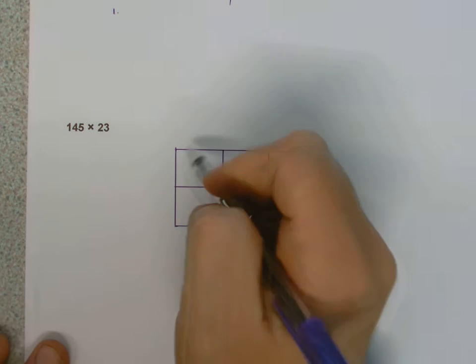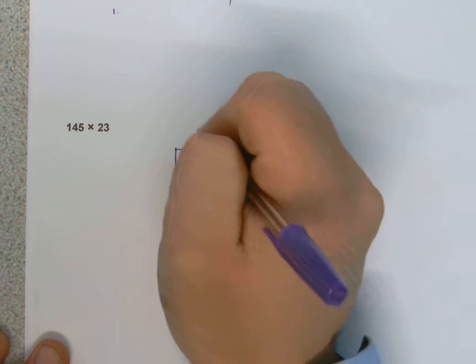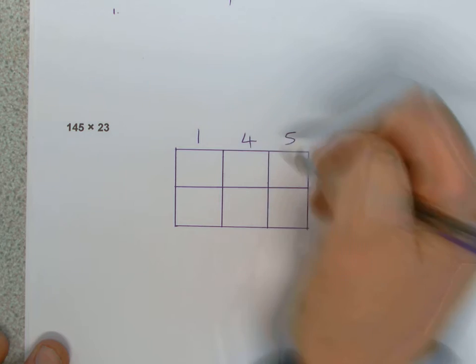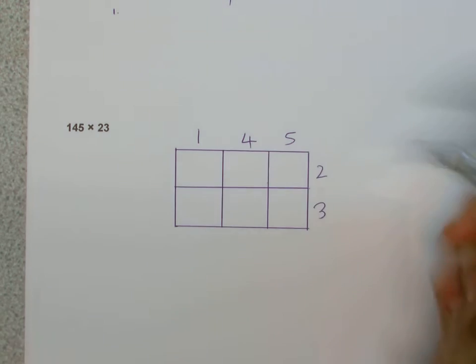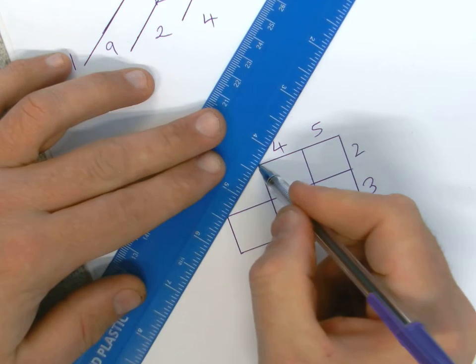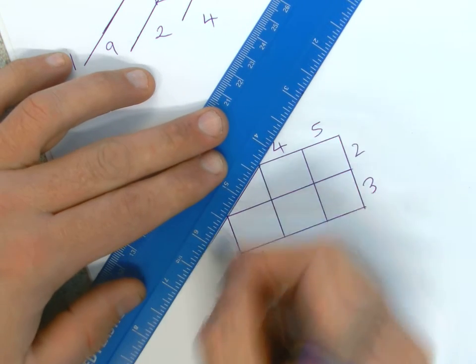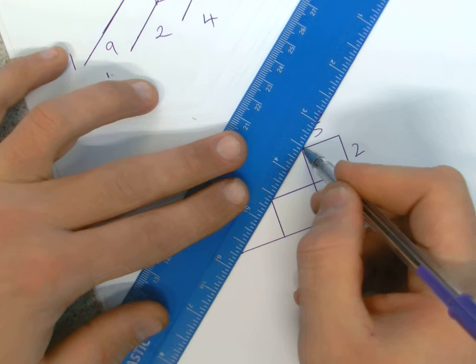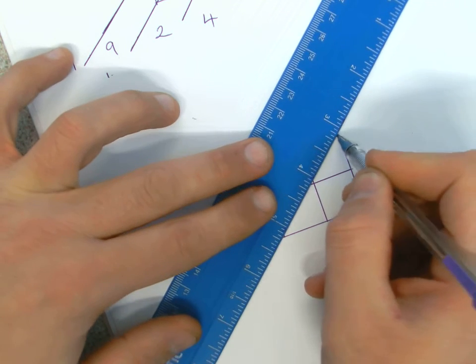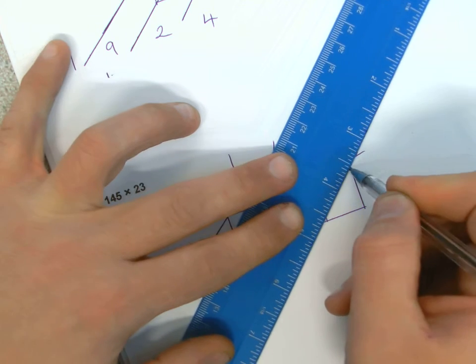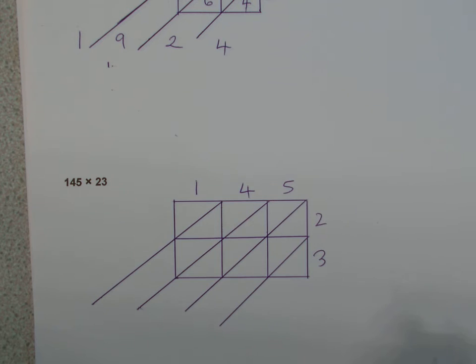So you write your number 145 up here, and then you write your number 23 down here, 2, 3, and then we're going to draw in the diagonals for each box, so that all of the boxes have diagonals in them. Okay, and then we can go about multiplying.